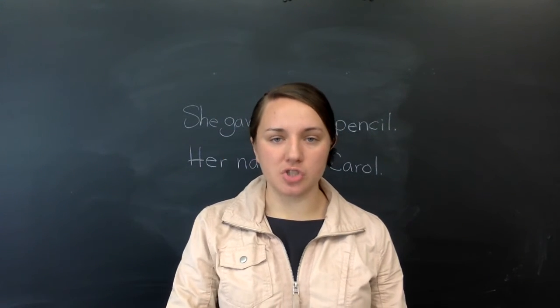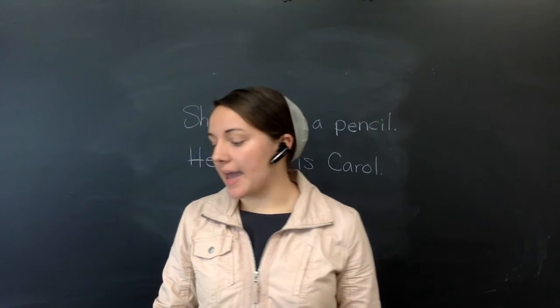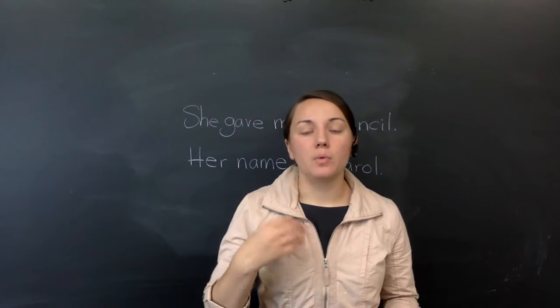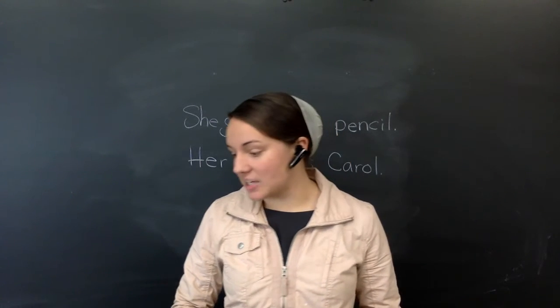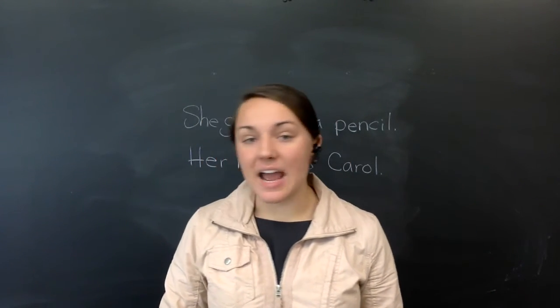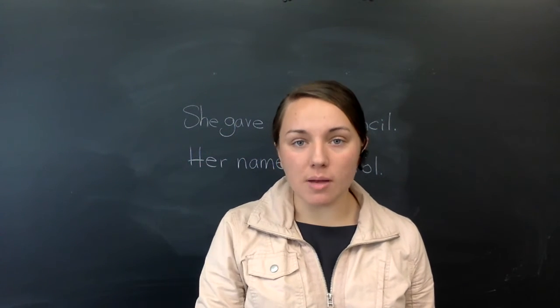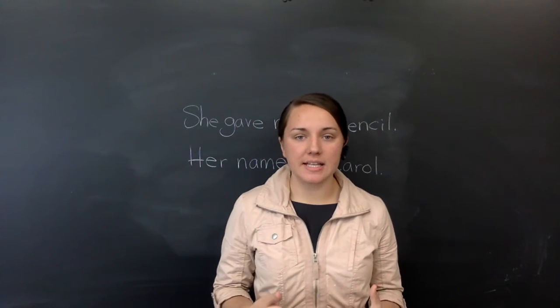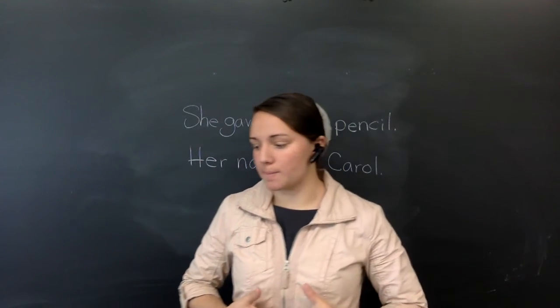Sometimes both, sometimes just a direct object. And if it's a linking verb, your complement will be a predicate nominative or a predicate adjective. Then after you've found your complements, read your subject and verb and complements together and see if they make sense. And if they do make sense, that means you probably found the correct word.